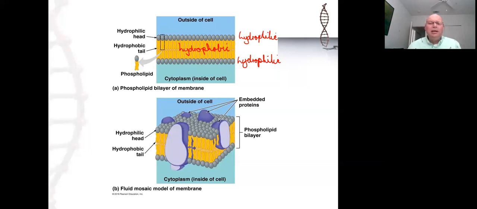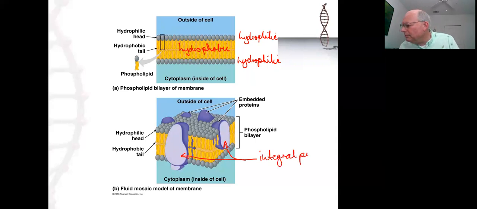Then embedded in the phospholipid bilayer are proteins. You have both integral proteins that are embedded in the membrane, and these, as you might guess, are characterized by having hydrophobic regions that allow them to interact with the hydrophobic regions of the phospholipids.